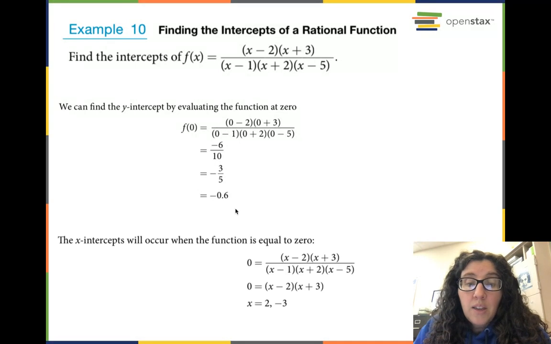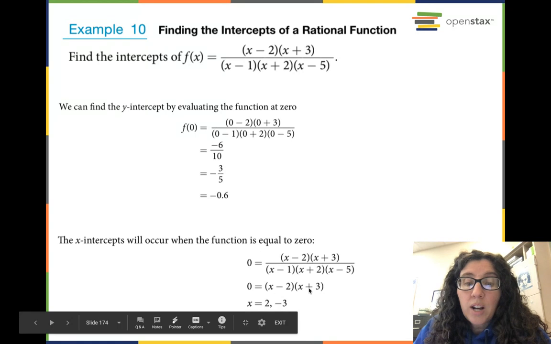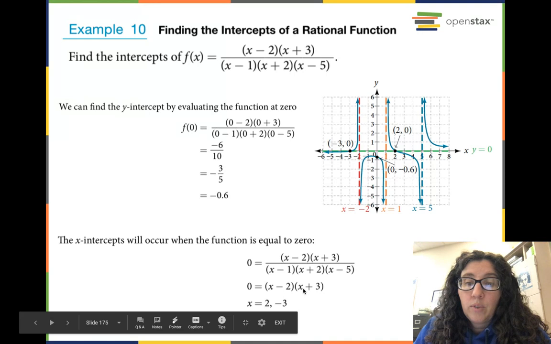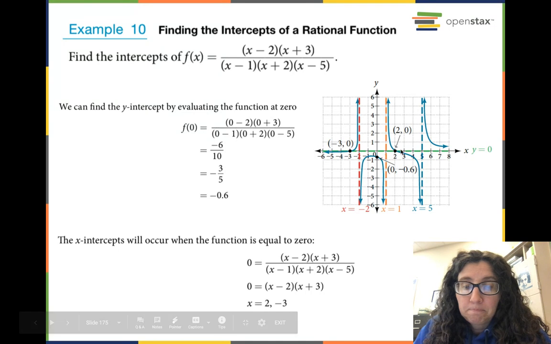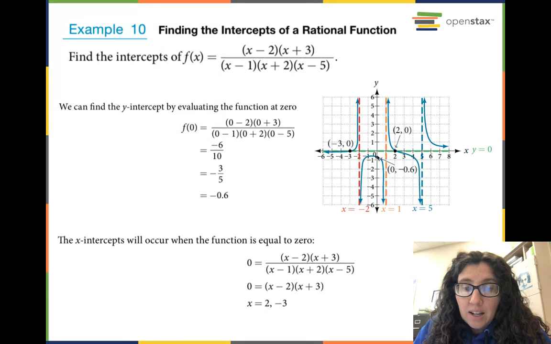Okay, the x-intercepts happen where the numerator is 0. Okay, so at 2 and -3. So let's look at that graph again. Yep, at 2 and at -3, we have x-intercepts. And at -0.6, we have a y-intercept.